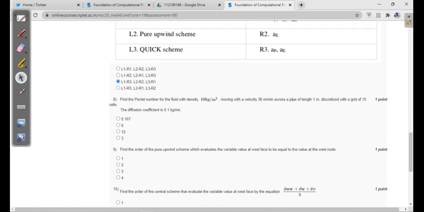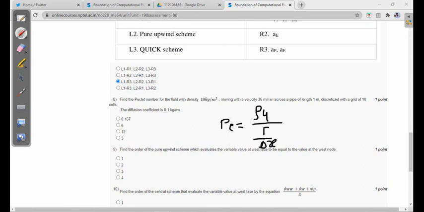Find the Peclet number. The correct answer is 6. We can find out the Peclet number: Pe is equal to convective flux, rho U, upon gamma upon del X, that is convective flux upon diffusive flux.